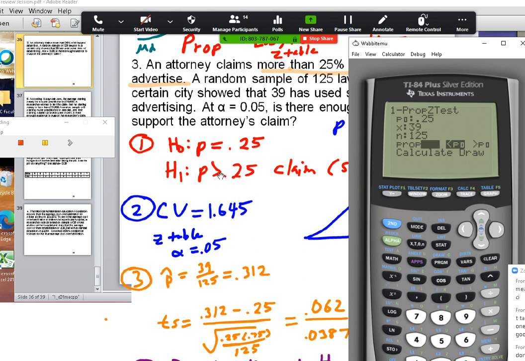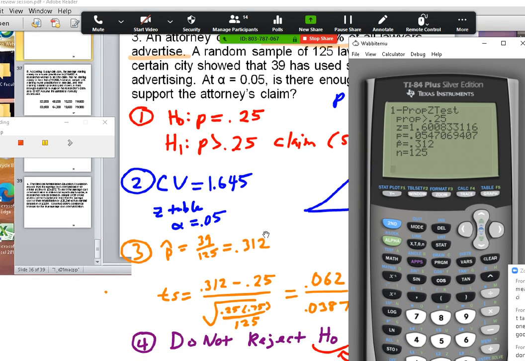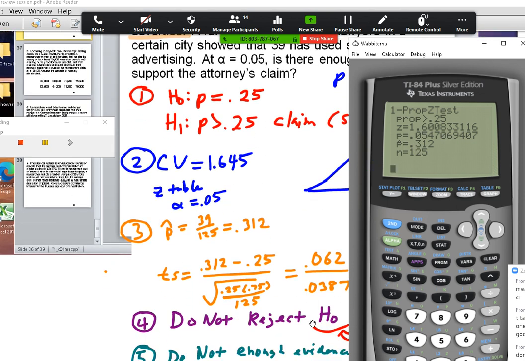See right here, H1 is greater than, so I'm going to go over to the greater than, hit enter, and now that one's dark, and then calculate. That's going to give me my p-value, 0.0547. So when alpha is 0.05, 0.0547 is not 0.05 or less. So here we should not have rejected H naught. And we did not. Do not reject H naught.